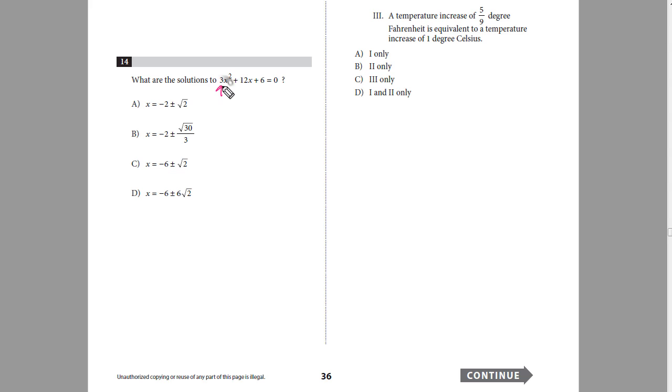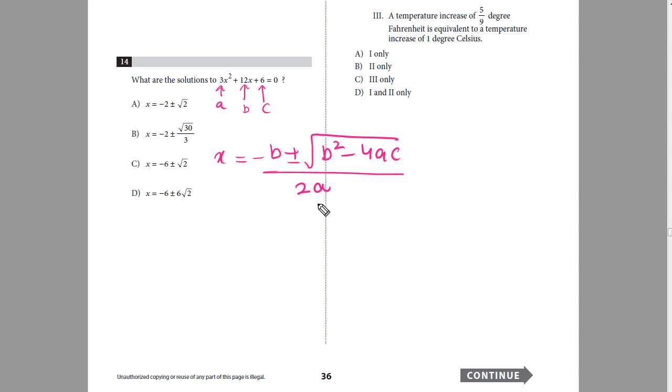Now a is equal to 3 because a is the coefficient of x squared, b is the coefficient of x, that will be 12, and c is the constant, that will be 6. Now x is equal to negative b plus minus under root b squared minus 4ac over 2a.